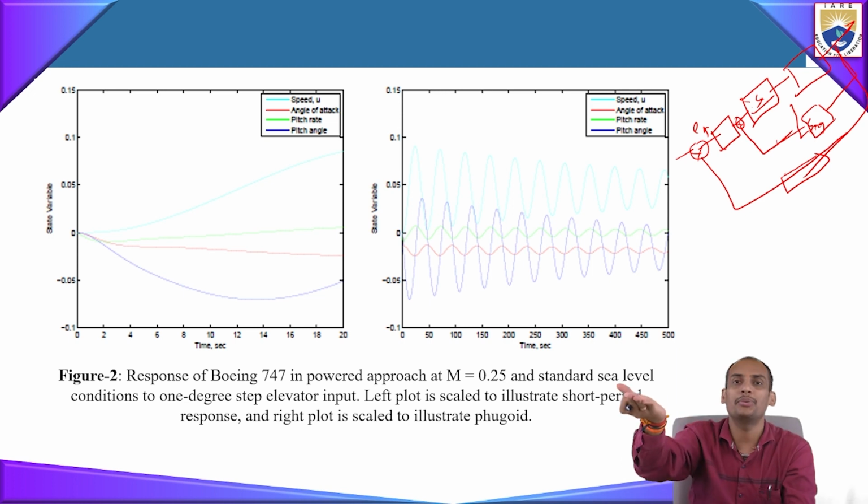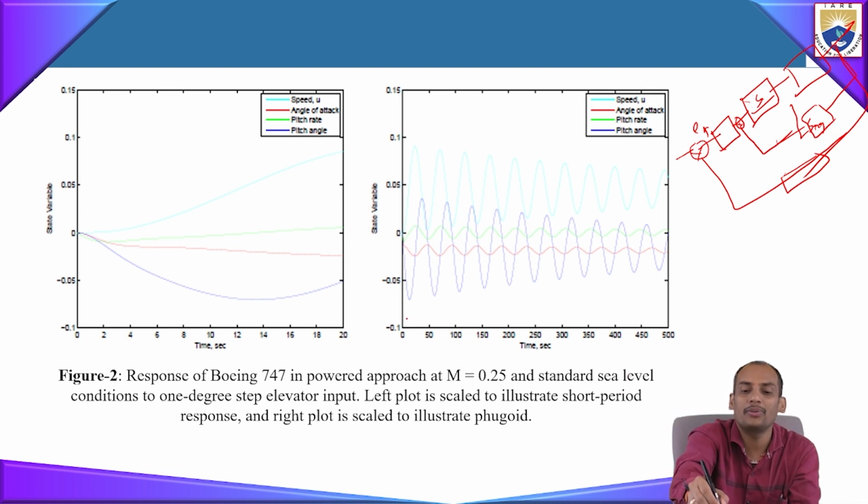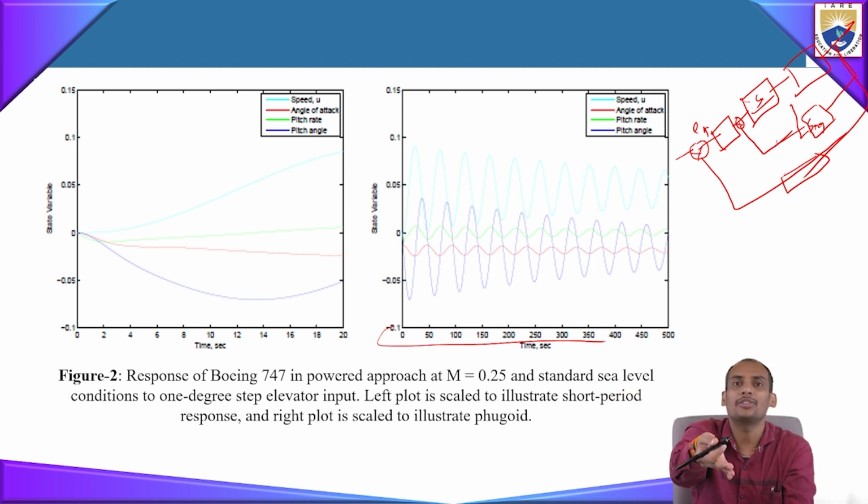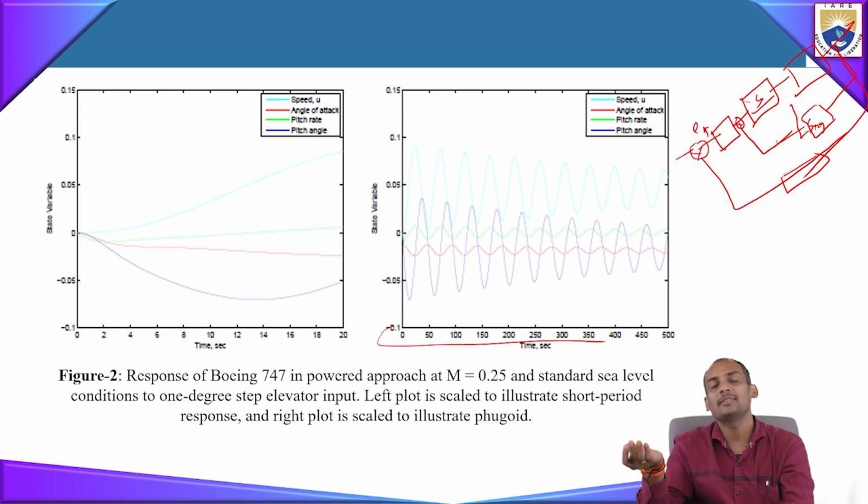If we give that type of input, how will the signal frequency be? We give that in terms of two types of approximations: short period approximation and phugoid approximation. We explained previously which is used for which: short period approximation for a type 1 system and phugoid approximation for fighter jets and all.